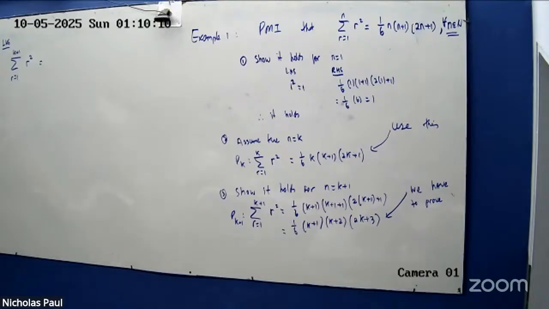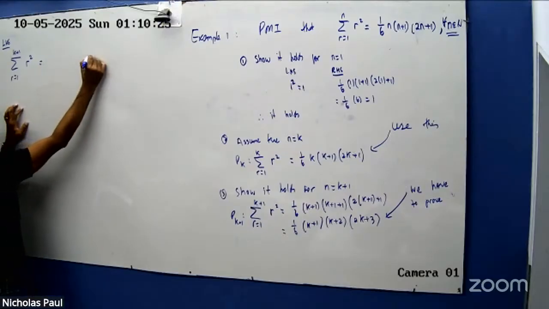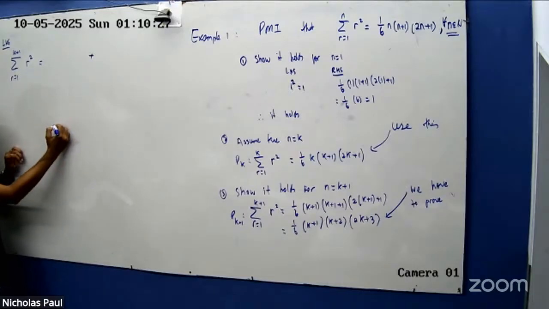Right? So if you remember a little while ago, I showed you how to split up r going from 1 to k plus 1. How do you do it again, Chloe? How do you split this up? Check back at the last example I showed you.